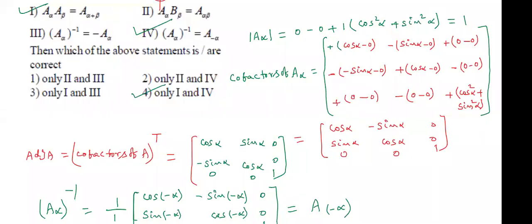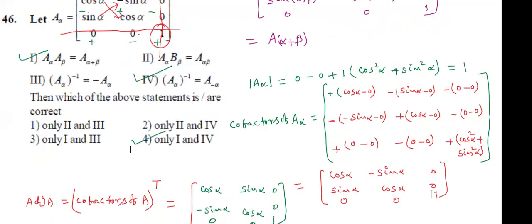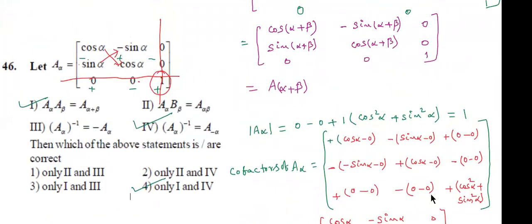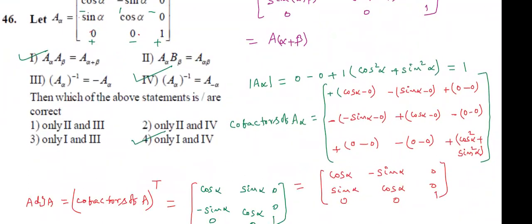Fourth option. First find the determinant of A alpha, and there you will get the answer. The determinant of A alpha should be 1. Then the cofactors of A alpha.